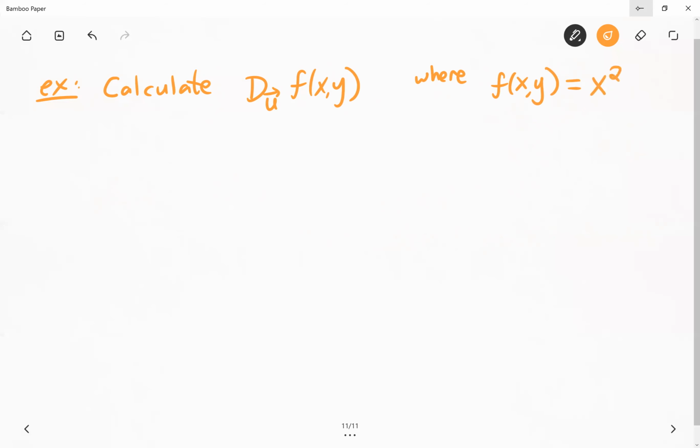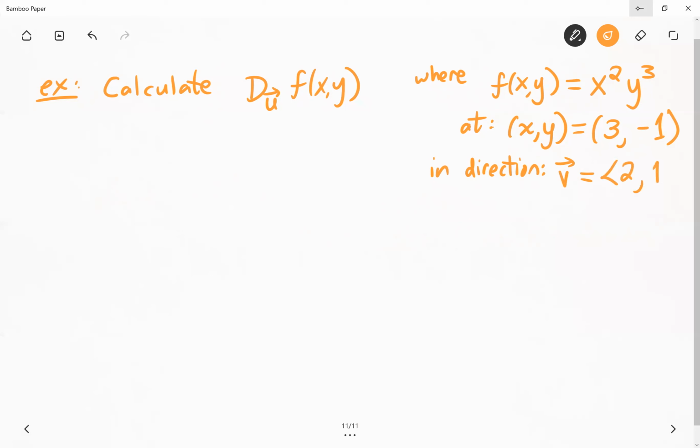So let's say I want to calculate, for example, the directional derivative of the function f, where f of x, y is equal to, I'll take my favorite function, x squared y cubed, at the point x comma y equals, let's see, maybe I'll do the point 3, -1, in the direction, let's say v equals 2, 1. Notice I'm using a v here, and I'm doing that on purpose, as we'll see in a moment.